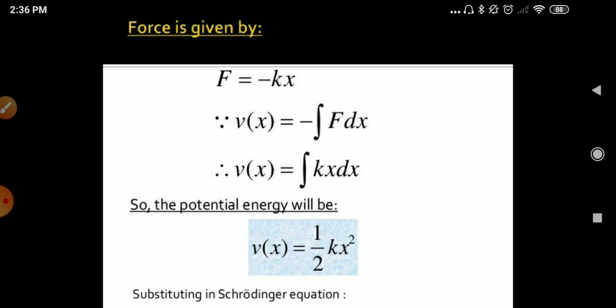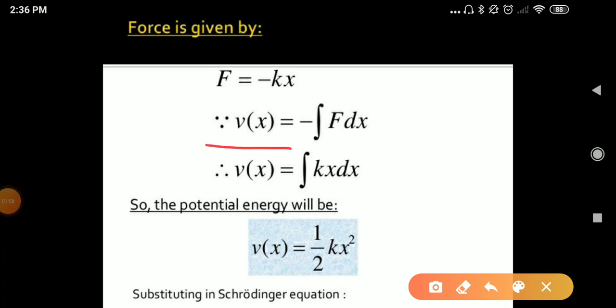Now, the derivation of the harmonic oscillator. Here you can see that the force is given by F equals minus kx, and the potential energy V(x) equals minus integration of F dx.